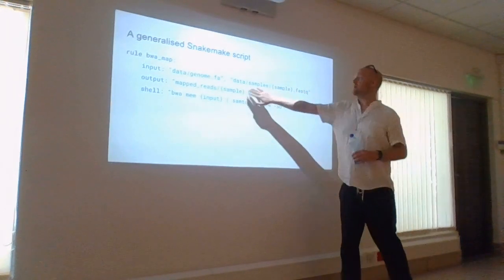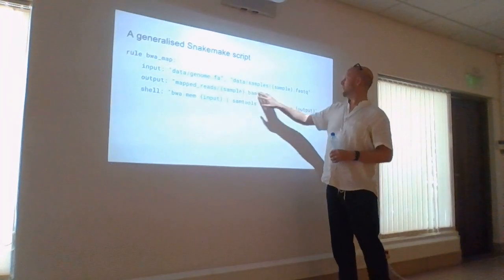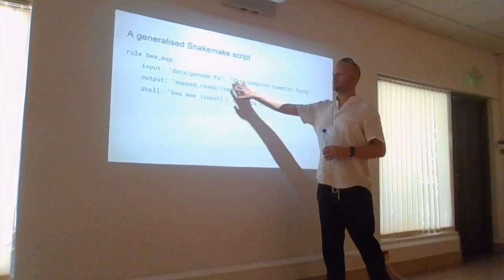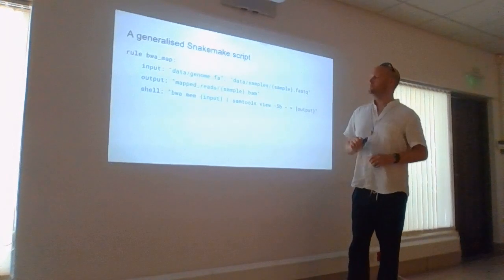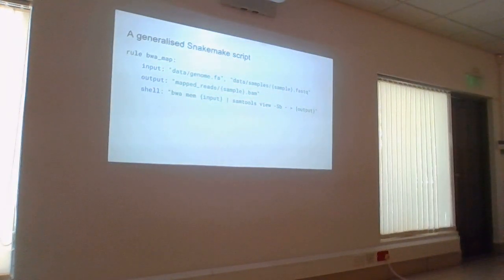So that will be sample1 and sample1, sample1 here and sample1 there, and then when it's time for sample2, it will flow through and match both. That's another one of the tricky things to wrap your head around in Snakemake as well.